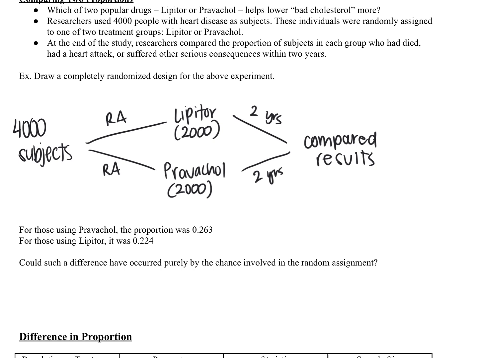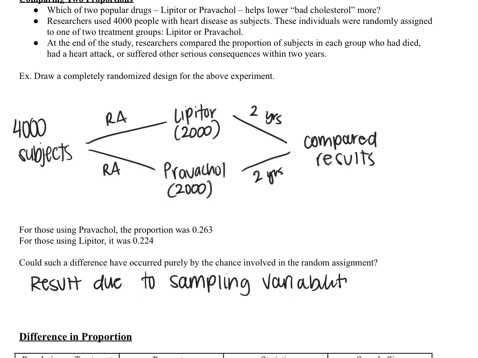So what we're asking is, is this result due to sampling variability, or because, in this case, Lipitor is a better drug?